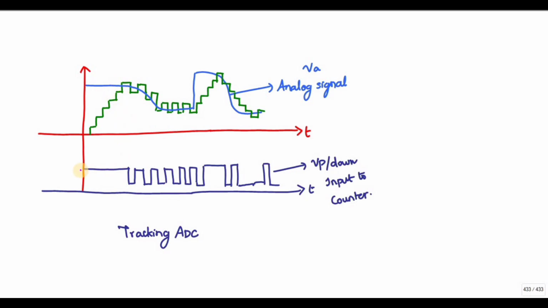Till this value, it is up counting. This 1 represents the up count value, and this 0 value represents down count. Once it reaches the value, it starts to down count, and again it starts to up count. So up count, then down counting.